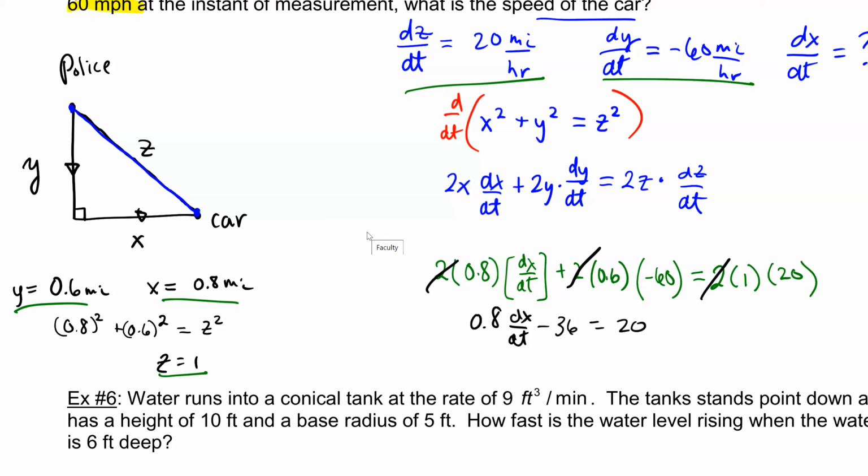Add on both sides, 56, times 5 over 4. I'm not going to show it, you guys can figure out the rest. You can do the algebra. So dx/dt is equal to 70 miles an hour. Cool. That's how fast the car is going.